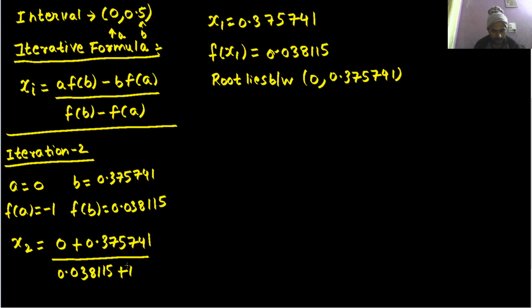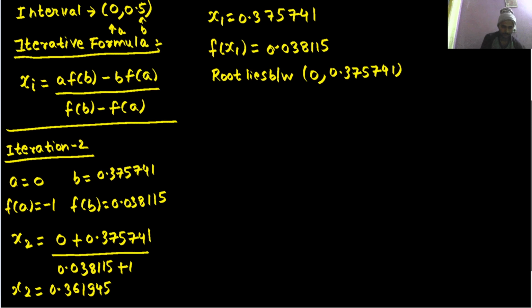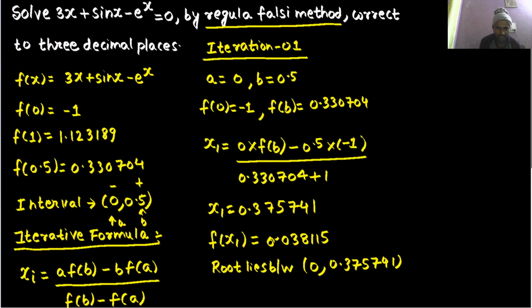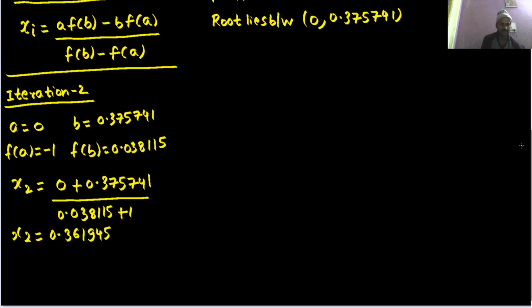So this has come out to be equal to 0.361945. Okay, so if you check with the last iteration, it is matching up to 1 decimal place, and what was given in the question, up to 3 decimal place we have to match.